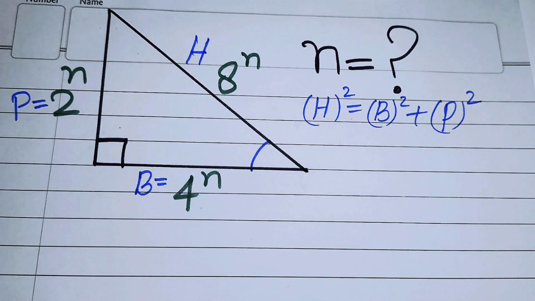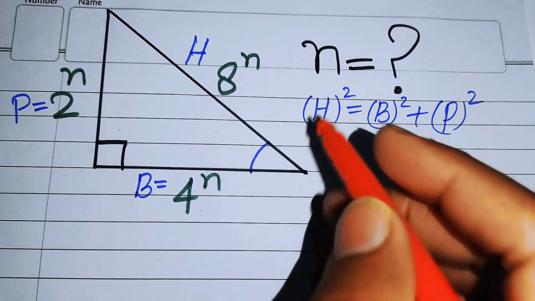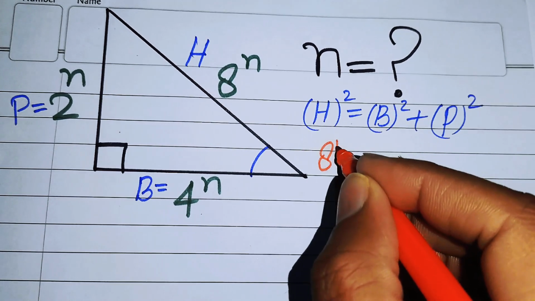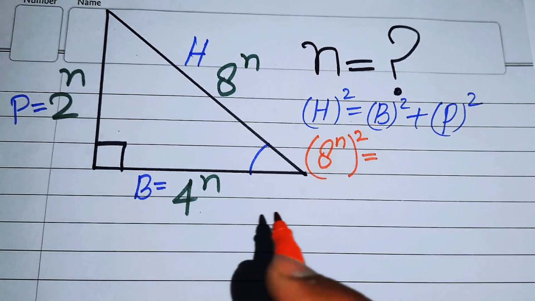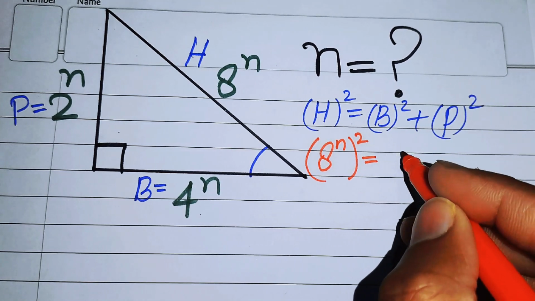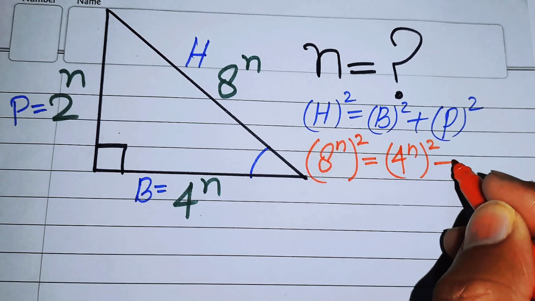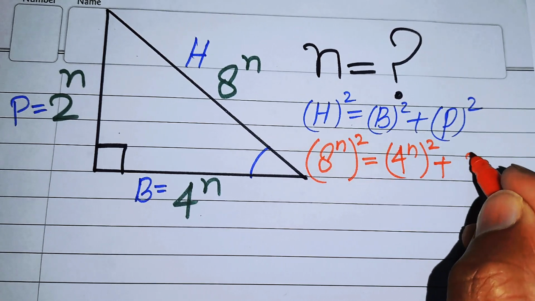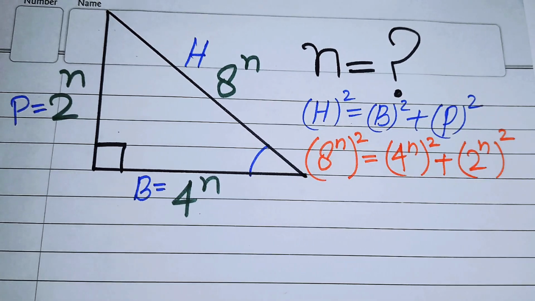Now in the next step we substitute the values of h, p and b here, and you see in the diagram the value of h is 8 to the power of n, so we get 8 to the power of n and its whole square equals b, where the value of b is 4 to the power of n and its whole square, plus our perpendicular, 2 to the power of n and its whole square.